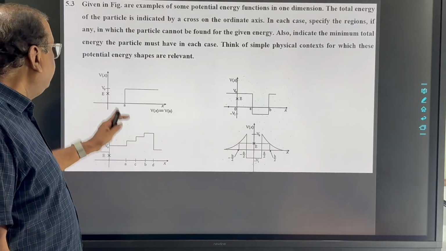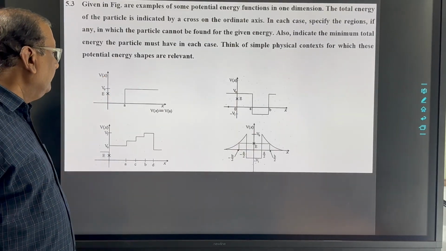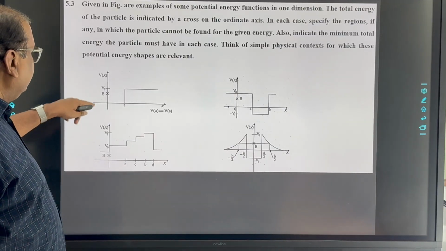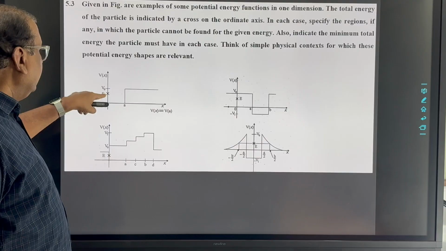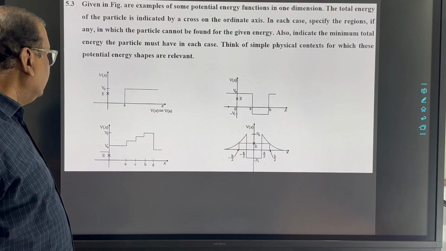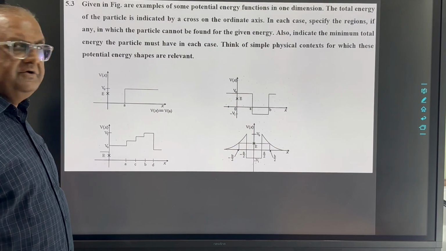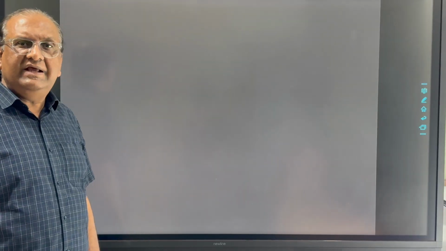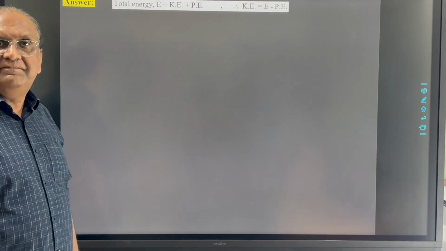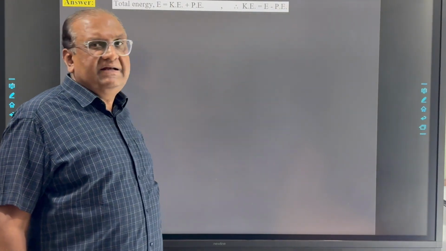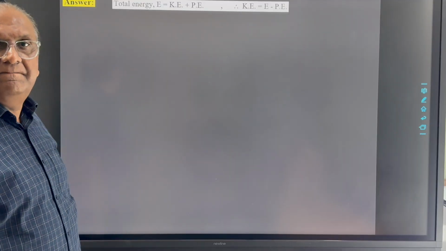Okay. So here potential energy versus position graphs are given to you, and on the graph the value of total energy is given by a cross and the potential energy is given by V0. Now see here, we know total energy is kinetic energy plus potential energy. So kinetic energy is E minus potential energy.